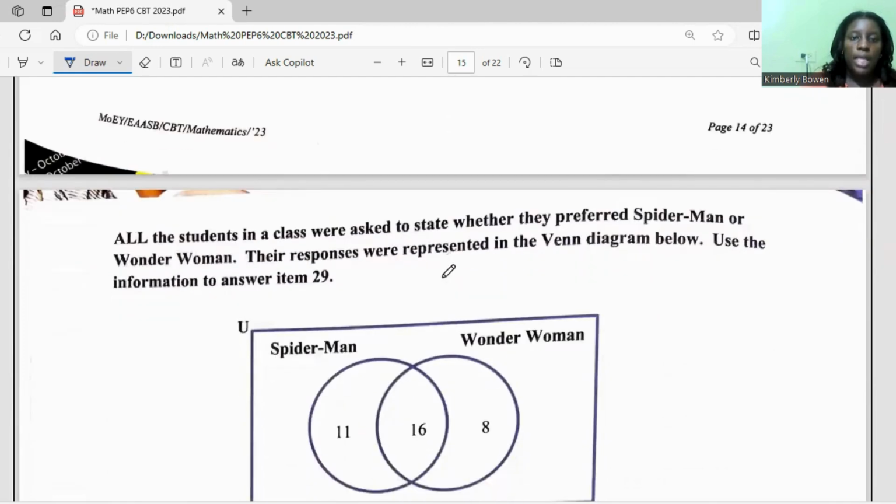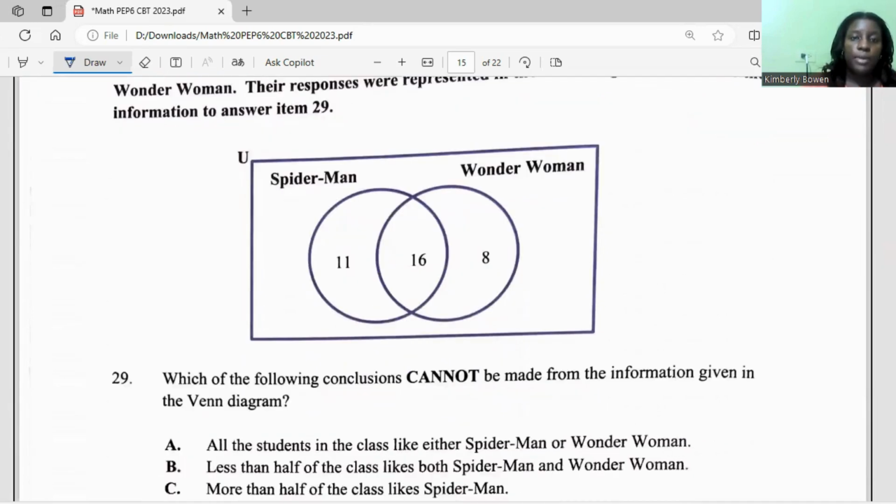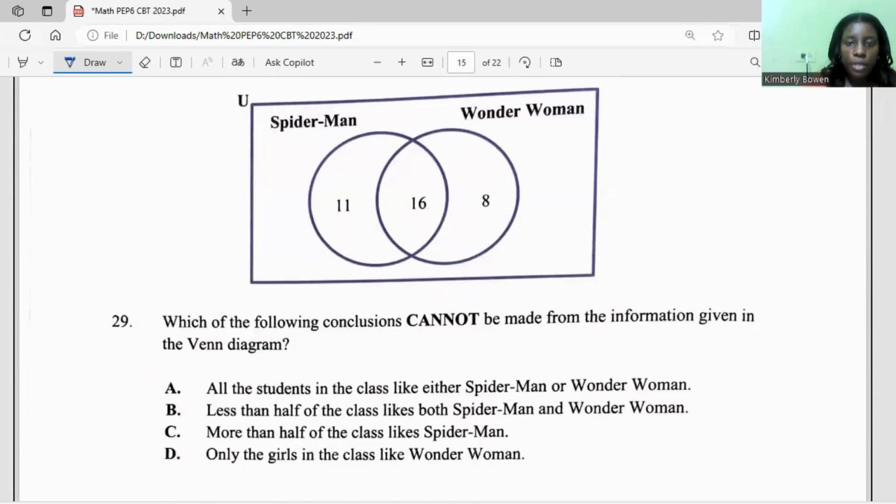All right, all the students in a class were asked to state whether they preferred Spider-Man or Wonder Woman. The responses were presented in the Venn diagram below. Use the information to answer item 29. Oh boy, tiredness. All right, Spider-Man, 11 persons chose Spider-Man alone, 8 Wonder Woman alone, and 16 for both.